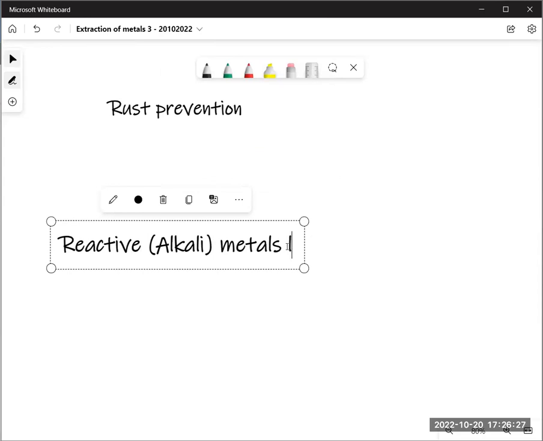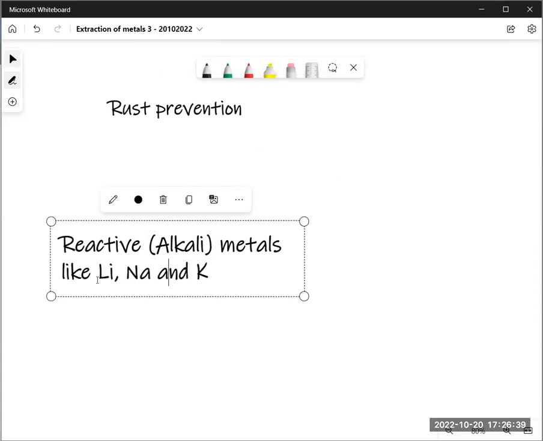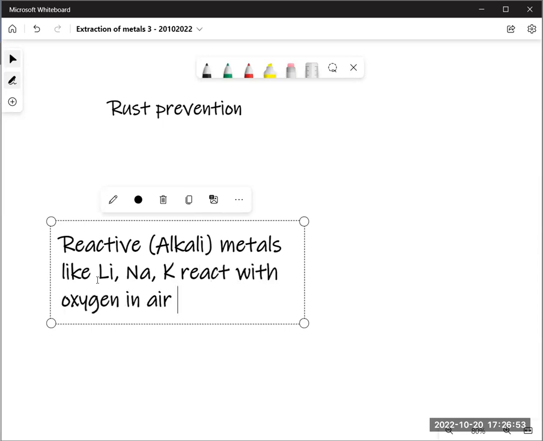Like Na, and I'm not going to write sodium because you know what Na means, and lithium, potassium. Lithium, sodium, potassium, all of these react with oxygen in air and corrode.